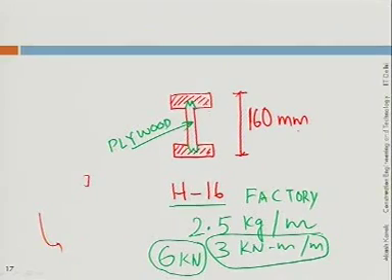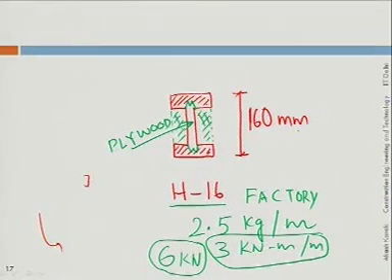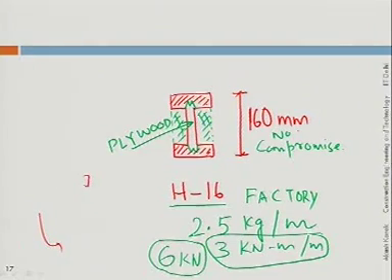What has been done is you have removed this much timber from both sides, so it has become light. You have used less timber, but still you have not compromised on strength. So this is the advantage of using H16 beam.